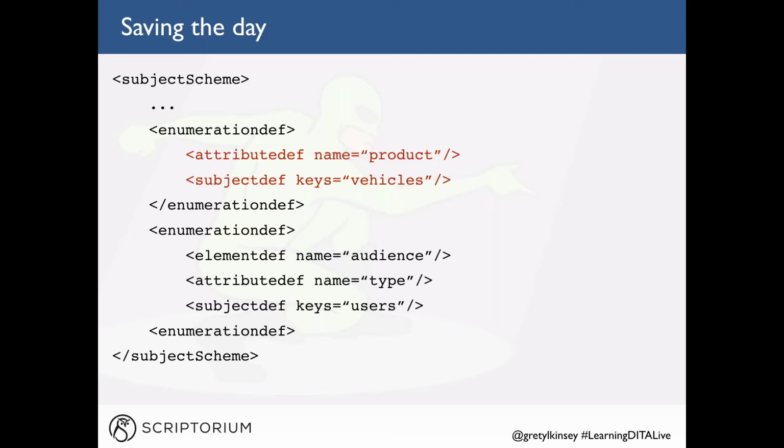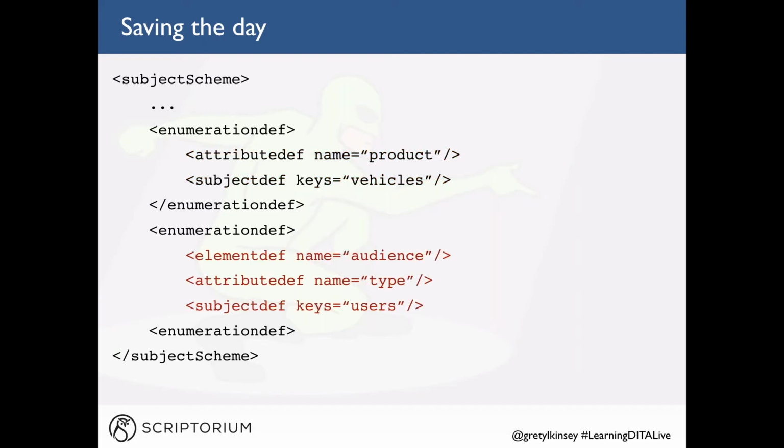So when you've got the subject scheme map set up and you reference it in your DITA map, whenever a writer uses the product attribute in DITA, that list of values will pop up with that hierarchy of vehicles, and then the writer can pick the right value from that list. They can choose whether it's a car, a motorcycle, a boat, or a plane.